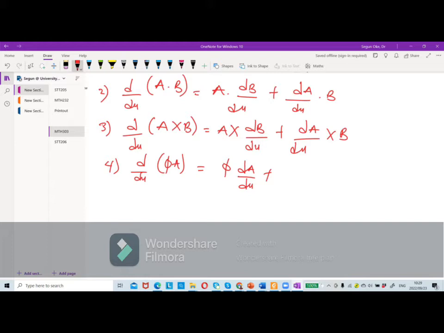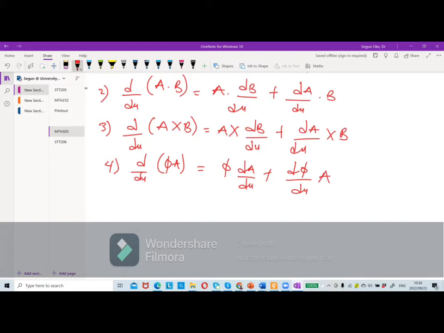They are using the product rule. You know, in the product rule, you hold one constant, you differentiate one. You hold another one constant, you differentiate it. So that is the product rule.